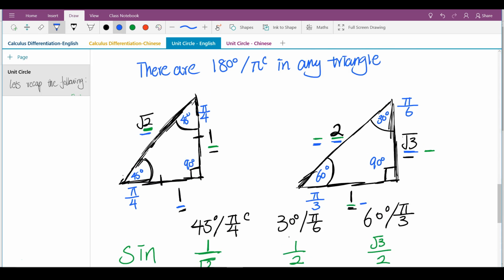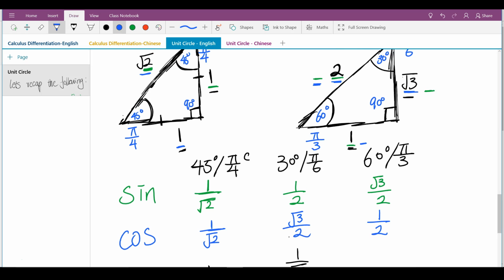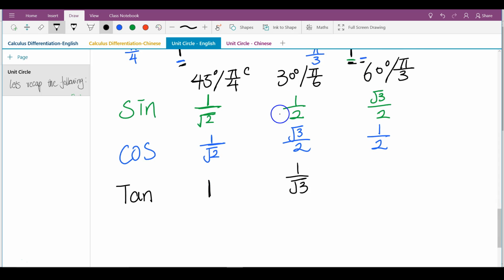And last one, tan 60 will give you opposite over adjacent. Yeah, so it's root 3 over 1, which is just root 3. But let's just put it this way, root 3 over 1.